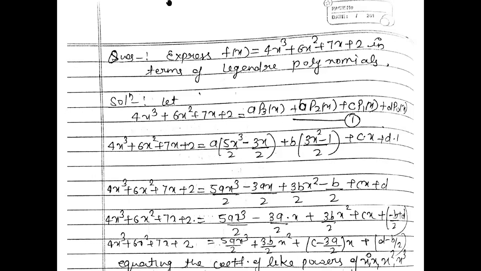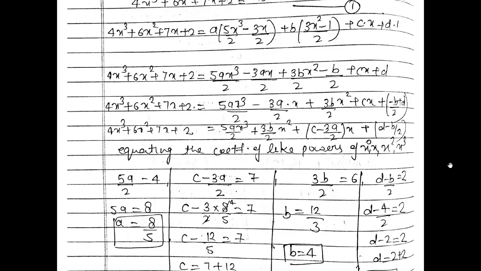Now just separate these terms, arranging the powers in descending order: x cube, x square, then the x coefficient, c minus 3a upon 2, x, plus d minus b by 2. This is the constant term, that is the x to the power 0 term. Now 4x cube plus 6x square plus 7x plus 2 is equal to all these terms.